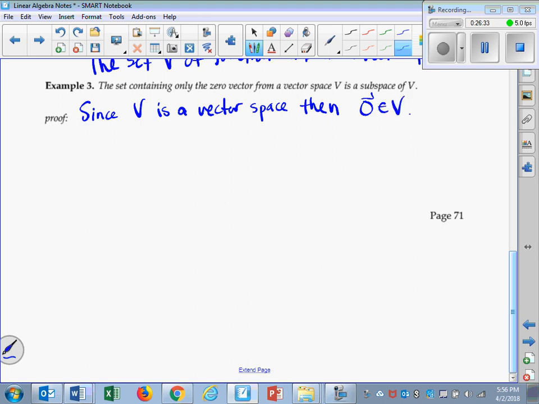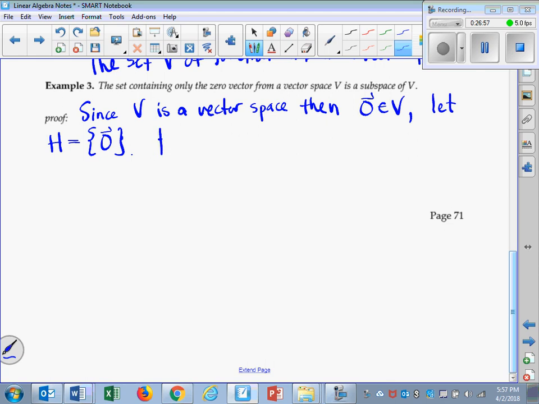Remember, that was one of the 10 properties. The identity has to be in there. So then there has to be the 0 vector in there. Okay, and then we'll say let H equal the set containing only that 0 vector. Now our goal is to show that H is a subspace.